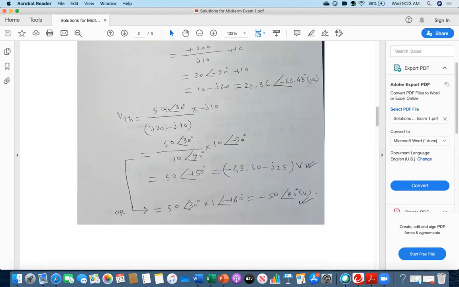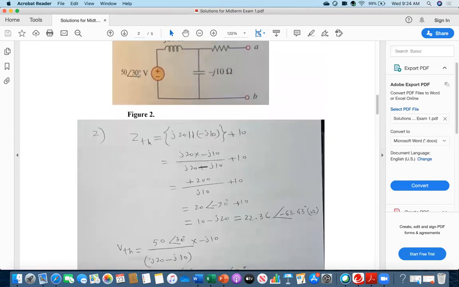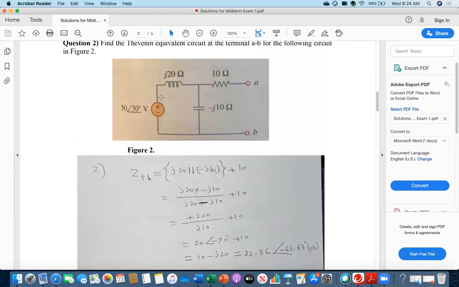Therefore, the voltage 50 is the voltage, this one. First I am finding the total current, which is V over the total impedance. The total impedance is j20 minus j10, because the 10 ohm will not be counted.